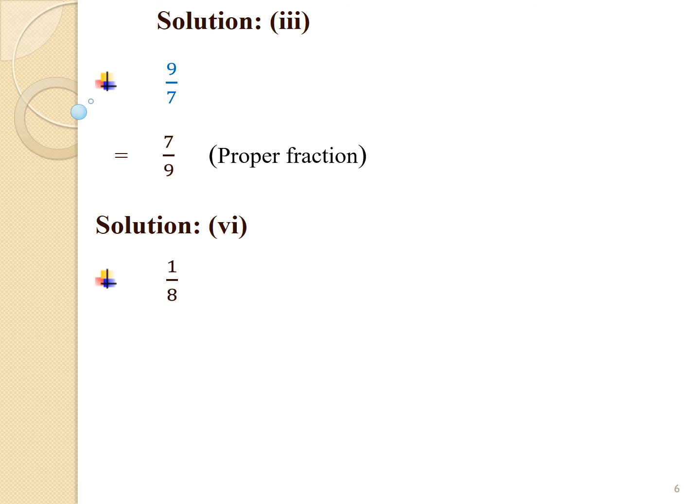Now, let us solve sum number 6, 1 upon 8. The reciprocal of 1 upon 8 is 8 upon 1, which is equal to 8, as 8 divided by 1 is equal to 8, and 8 is a whole number.